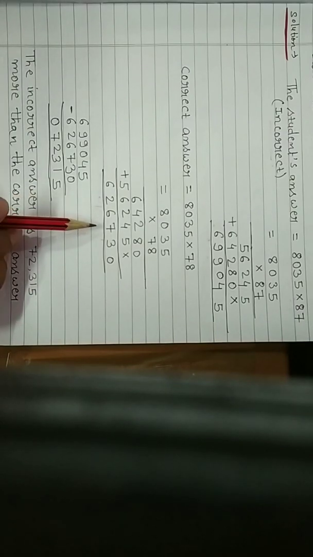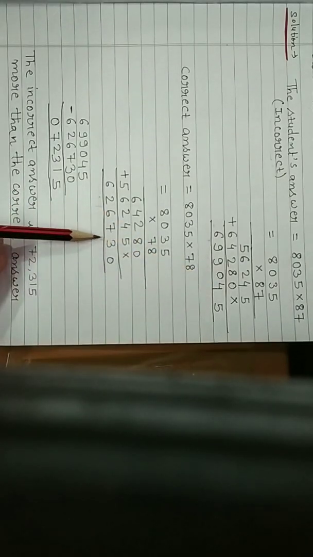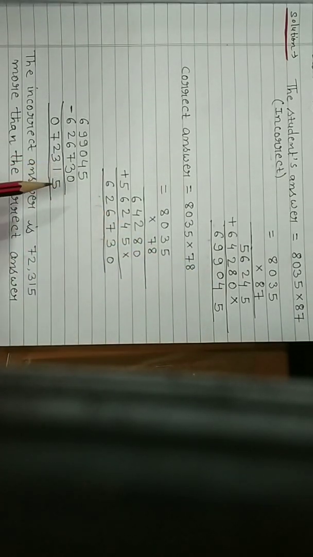Okay, so for this we need to subtract these two numbers, and here I have subtracted these two numbers and the answer is 72,315. So at the end I have written the incorrect answer is 72,315 more than the correct answer. Okay.